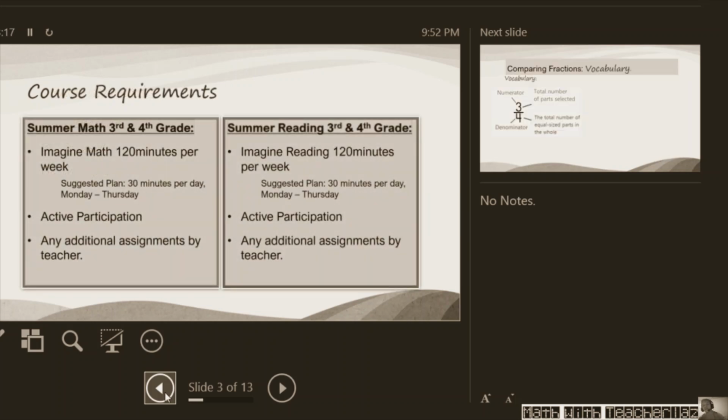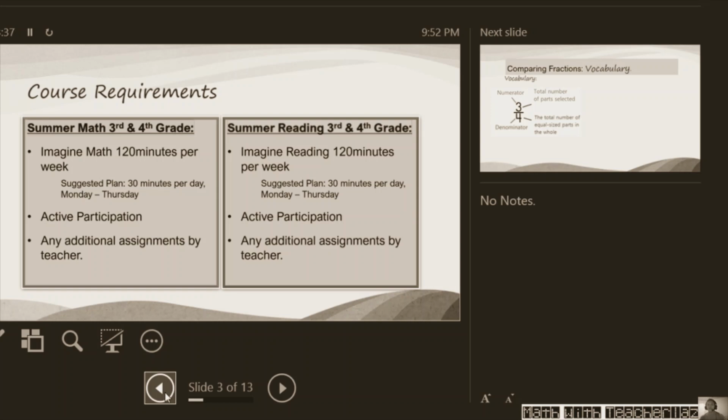Now, I also want to go ahead and cover the requirements for this class, guys. This is the summer class, and if you're here, it means you need to be here, or it is good for you to be here. You are here because you want to learn and get better for the grade you're going into. Whether you're going to 4th grade or you're going to 5th grade, you want to make sure you meet the course requirements.